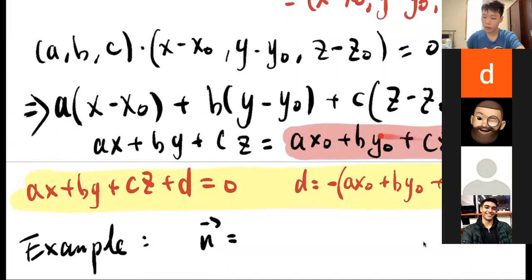But where did you get the D from? So the D is how the book likes to write the equation. Essentially, these two are the same. It's another way of writing down the equation. So the book puts the red part as the D with the minus sign, so that you can write the equation in this form.